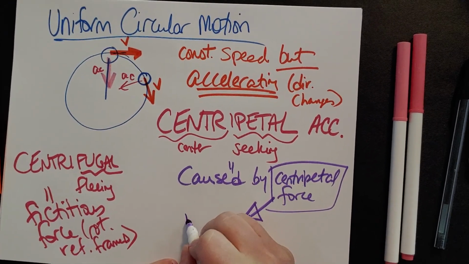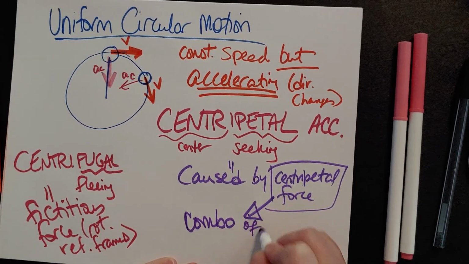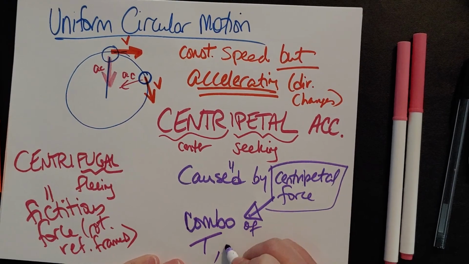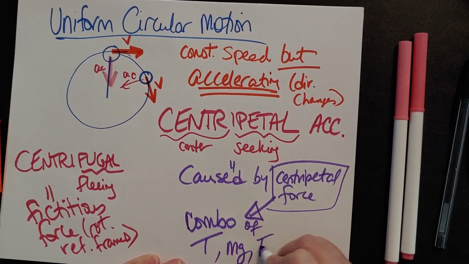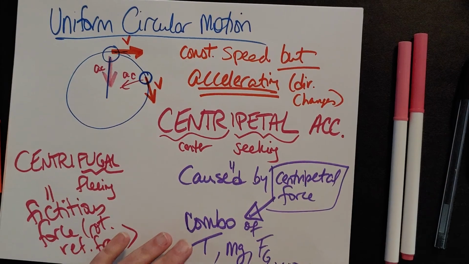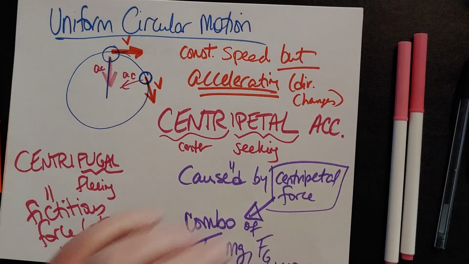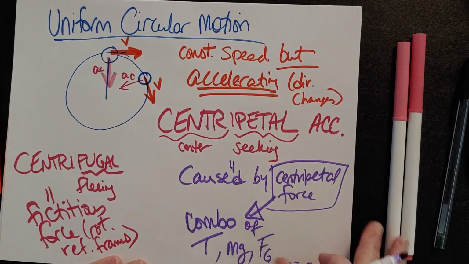This is some combination of tensions, weight, sometimes when you've got orbits, it's gravity. Well, actually, that's mg, but it's a different kind of mg. So this centripetal force is whatever the net force is towards the center. Okay? And let's show you what the form of that is.